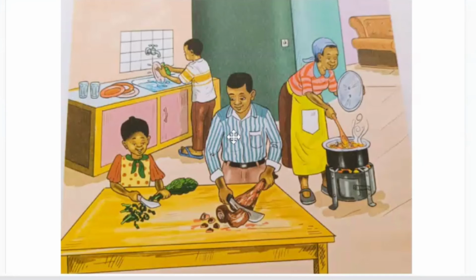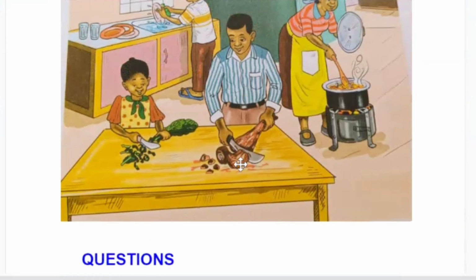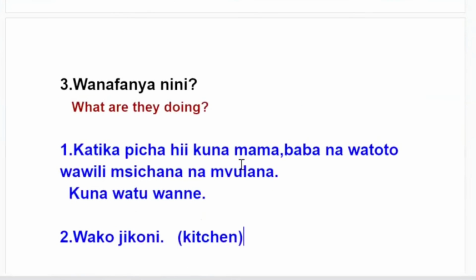From what I'm seeing, father seems to be cutting meat. Normally the word cut in Swahili is just kata, but when you're cutting something repeatedly, we can say katakata. Baba anakatakata nyama.